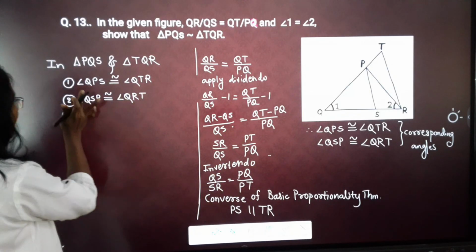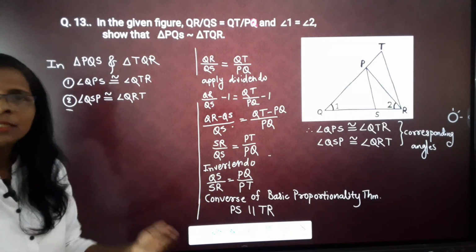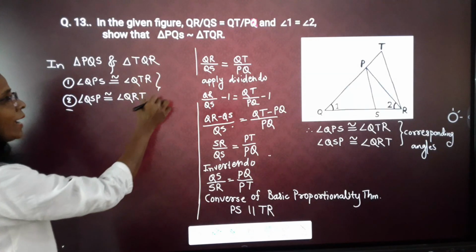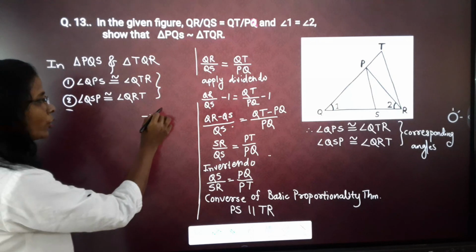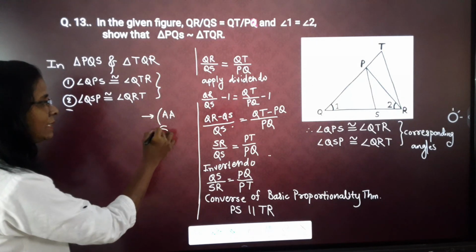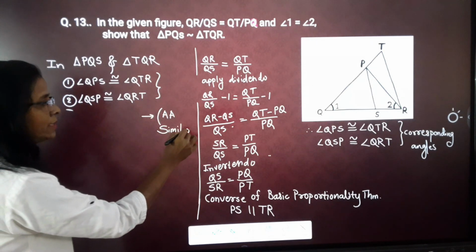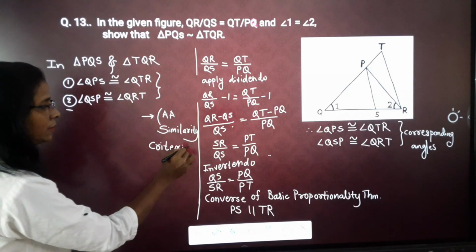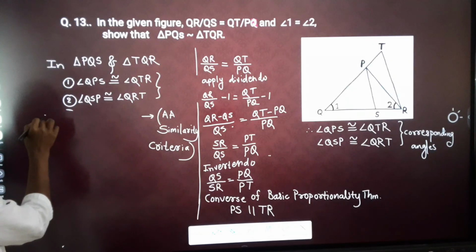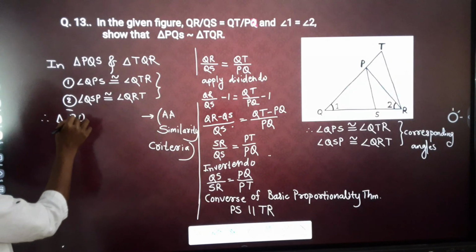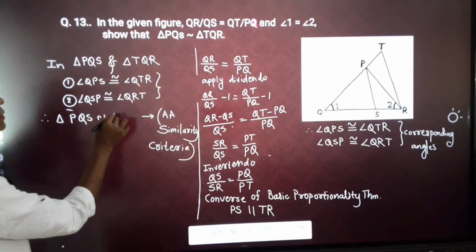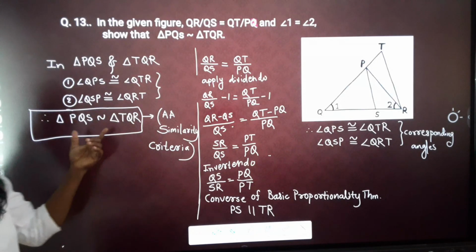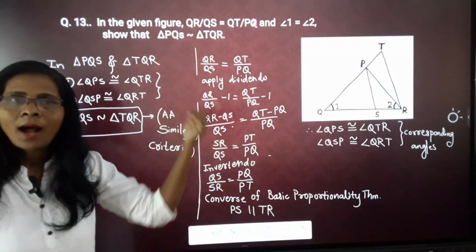Two angles being congruent is sufficient, so by the AA similarity criteria, these two triangles are similar. That means triangle PQS is similar to triangle TQR.